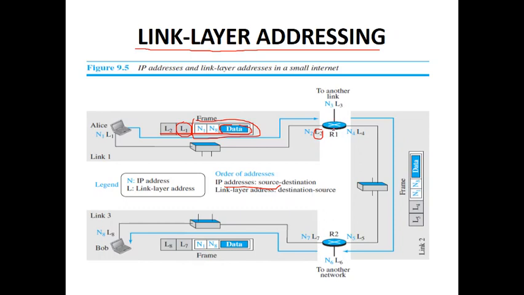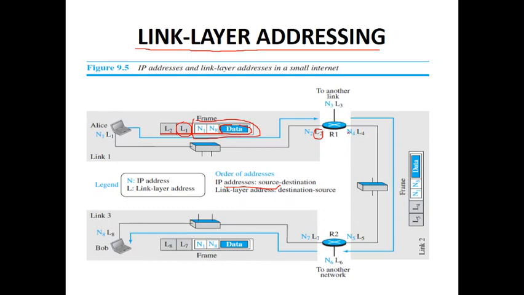Now whenever I receive the frame in this router, it has to deliver it to the next device, and ultimately it has to reach Bob's device. So here it has to change the link layer address.